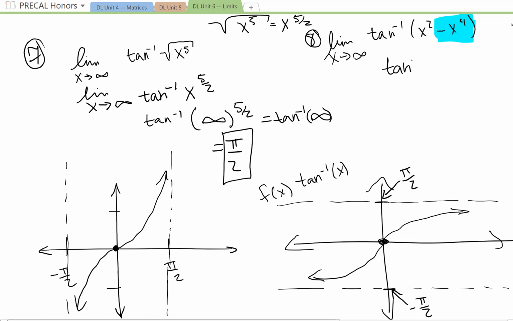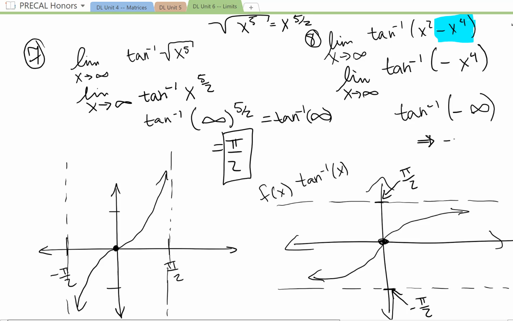So tangent inverse of negative x to the fourth, we're taking the limit of that as x approaches infinity. That would be tangent inverse of negative infinity to the fourth, which is infinity, but there's still a negative in front. So as tangent inverse approaches negative infinity, we are approaching negative pi halves.